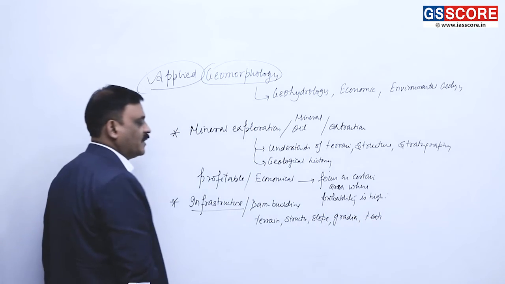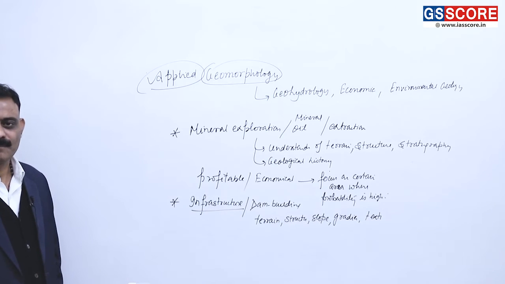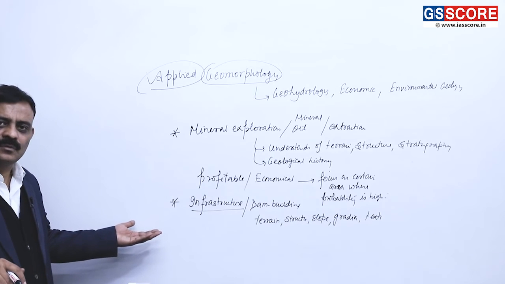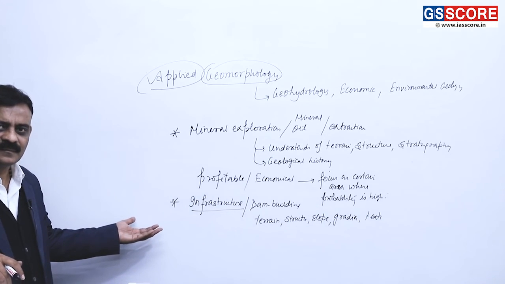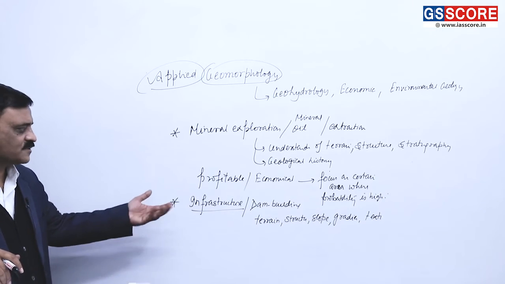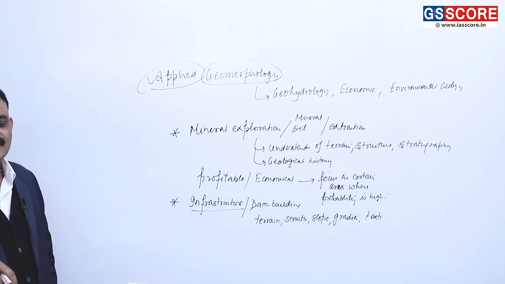All these things are important. Otherwise it will result in a major disaster, because if the geomorphology is ignored while constructing a dam, it will result in a major disaster.